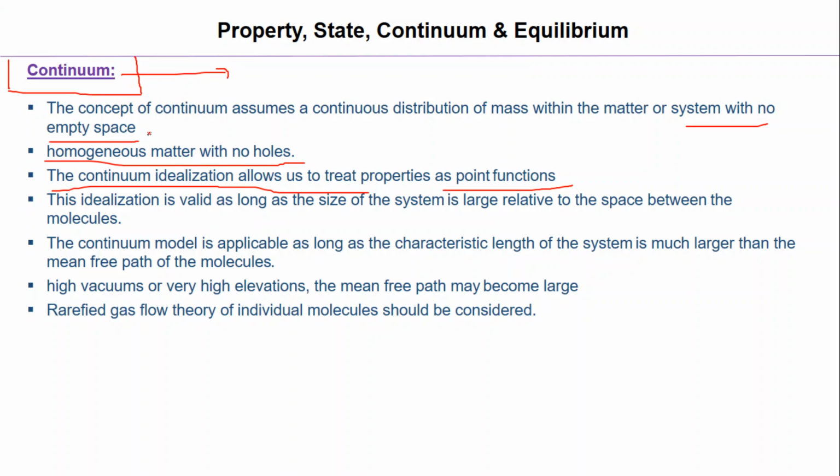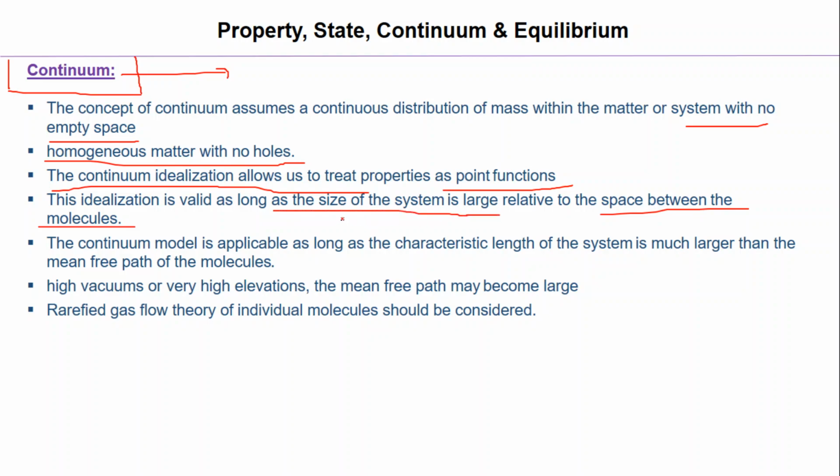But the system can be called a continuum only under a condition; it is not always a continuum. The space between the molecules inside the system should be quite smaller than the system dimension.